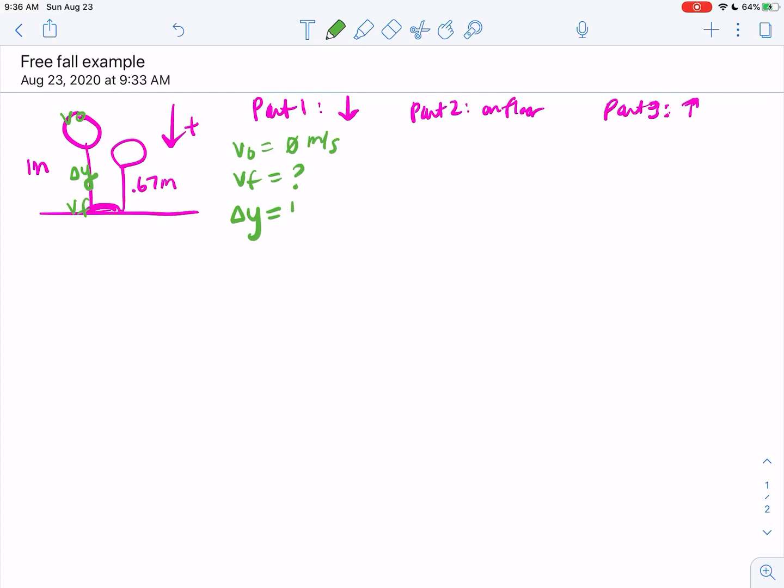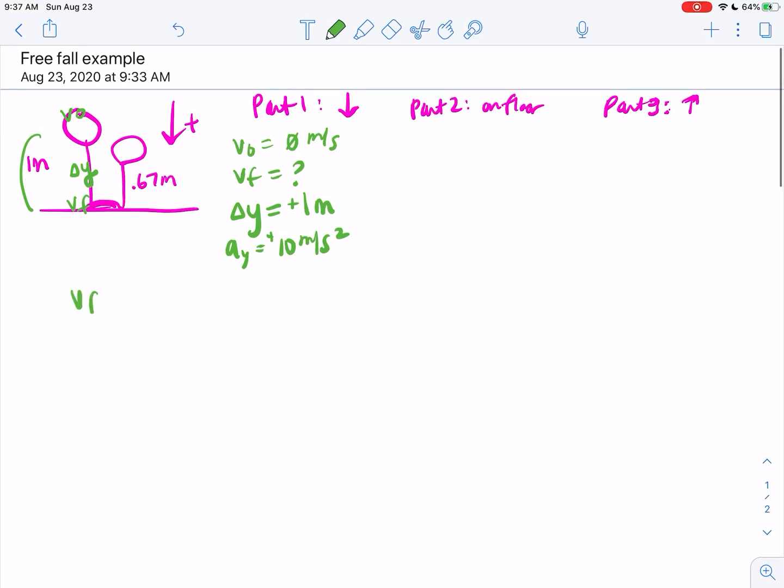And that's going to be a positive 1 meter, because I've set down as positive. That's important. And then the other thing that we know is the acceleration, which I'm just going to use 10 meters per second squared while it's in free fall. And that's also positive because I've said down is the positive direction.